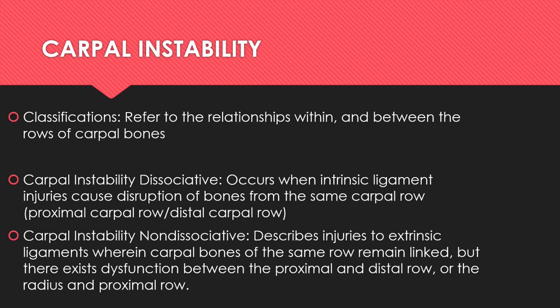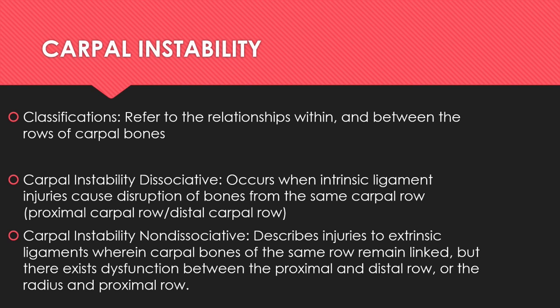So with the dissociative form of carpal instability, this occurs when intrinsic ligament injuries cause disruption of bones from the same carpal row, such as within the proximal carpal row or within the distal carpal row. And the AMA guides are primarily concerned with ligamentous disruption of the interosseous ligaments within the proximal carpal row.